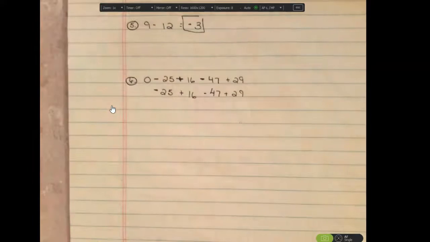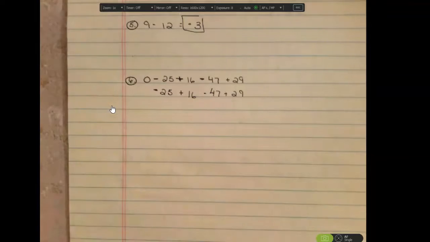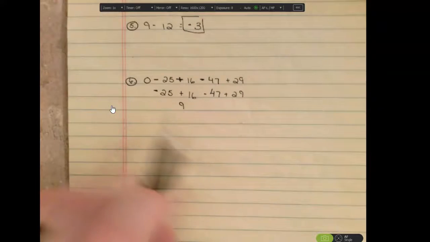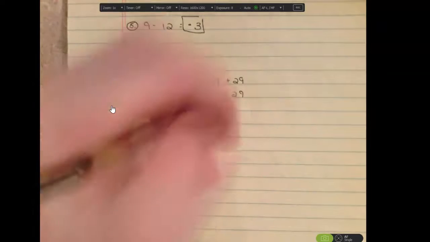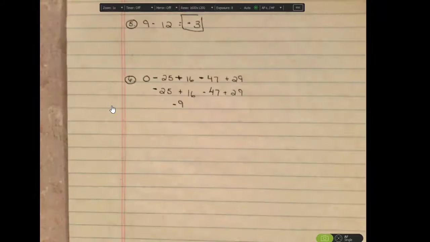All right, left to right, so negative 25 plus 16. Signs are different, so I'm still going to subtract. This time if I subtract 25 minus 16, I get 9. Take the sign of the larger number, 25 is larger, 25 is negative, so negative 9.